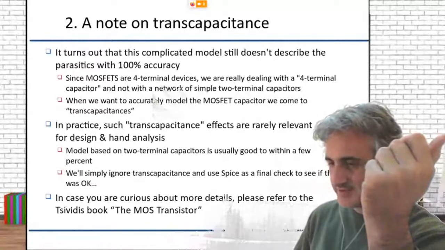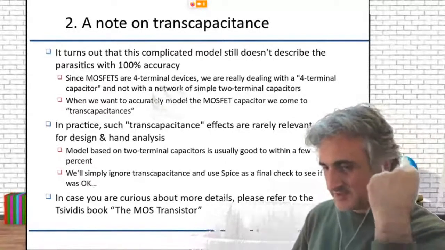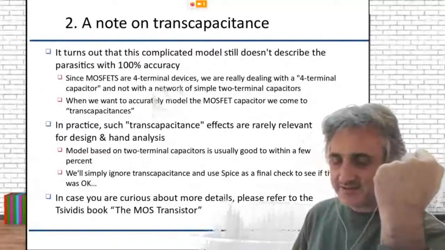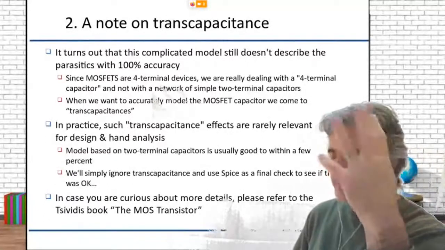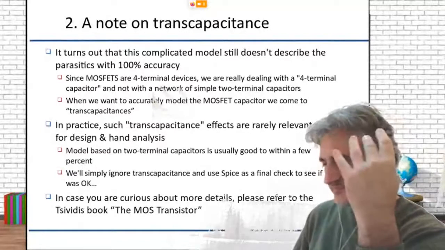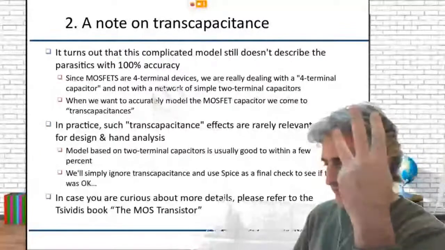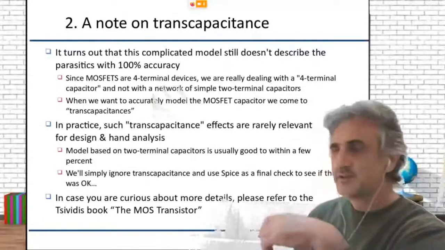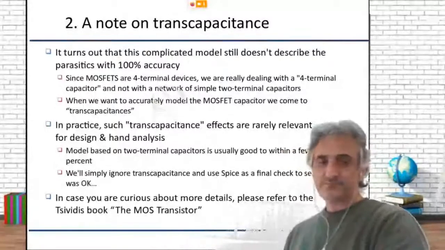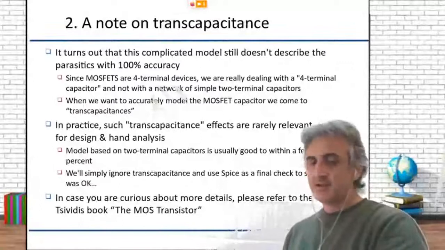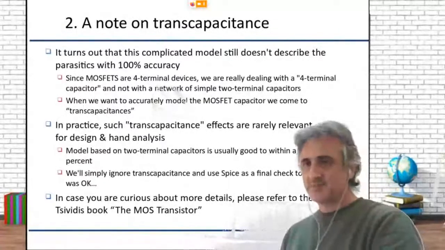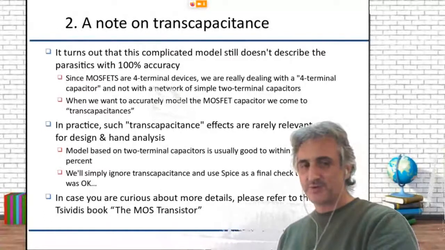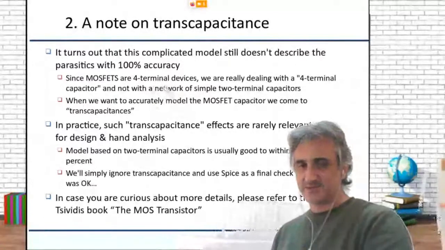Okay, can you see the difference? So we have some charges at the device, and these charges are depending on four different voltages, not just one, like in the case of a two-terminal device. So that means that our capacitances, our transcapacitances are much more complex than these approximations.